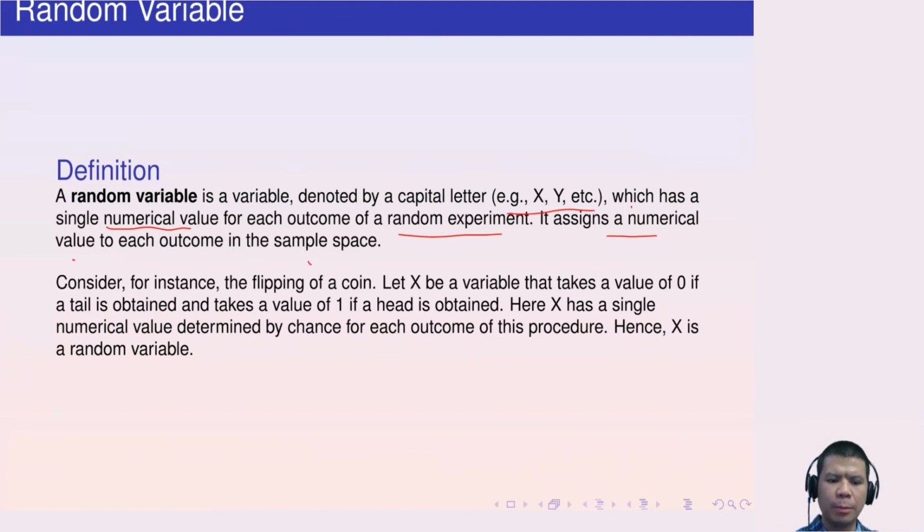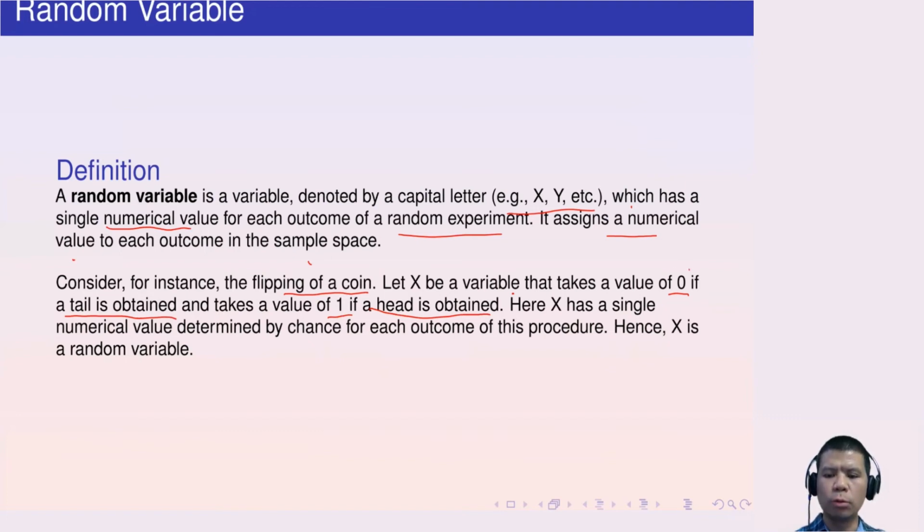Let's consider this example: the flipping of a coin. Let X be a variable that takes a value of 0 if a tail is obtained and a value of 1 if a head is obtained. So here X has a single numerical value, determined by chance, for each outcome of this procedure.